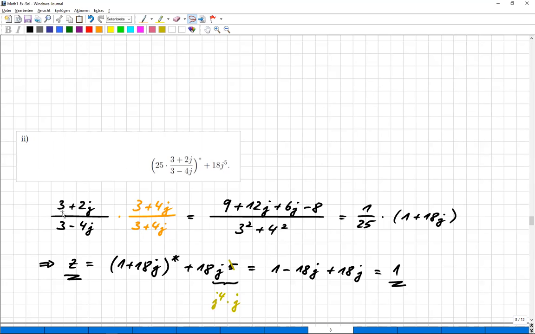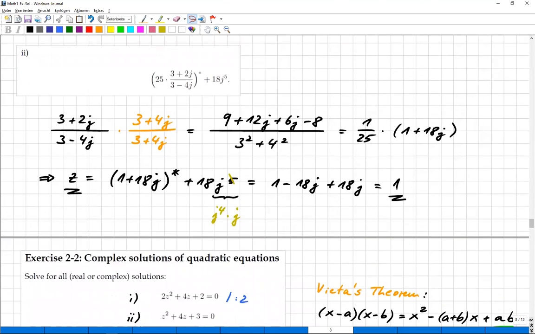When I simplify this fraction, I get this one, and then only afterwards I take the factor 25 into play. I insert this expression for the fraction here, and that's when 25 times 1 by 25 cancels out. Yes, thank you. Okay, so there's nothing else than 1 in the end, right?